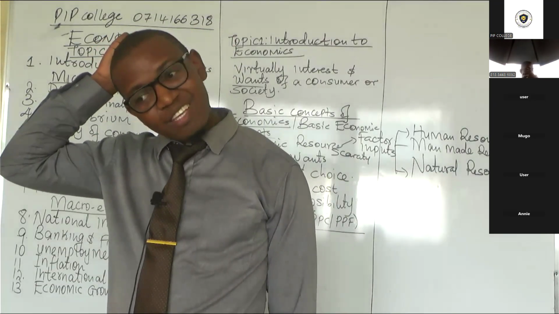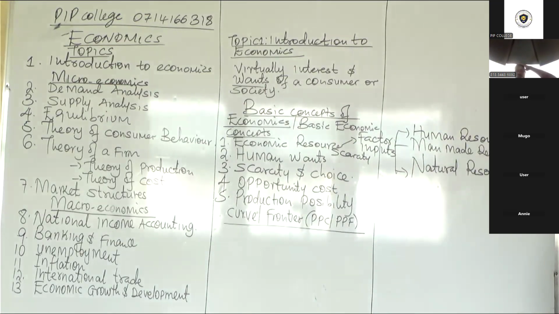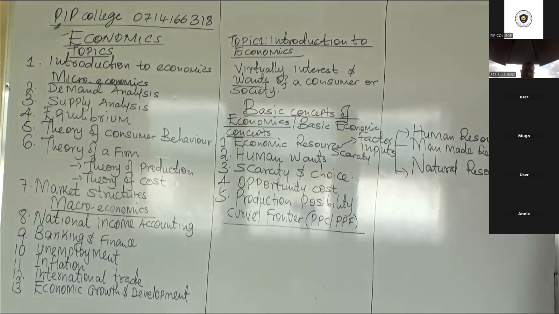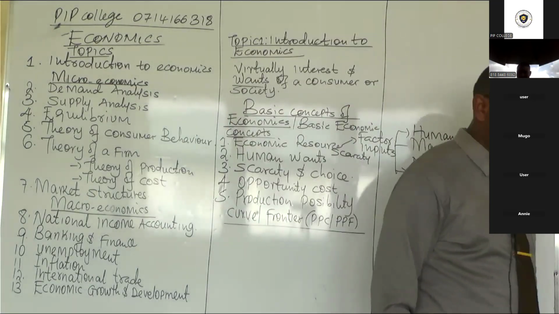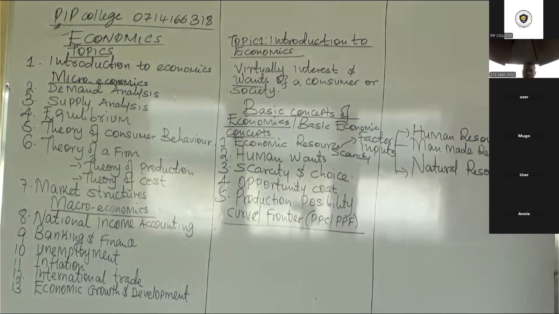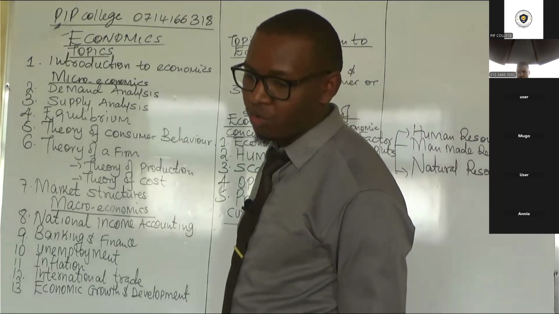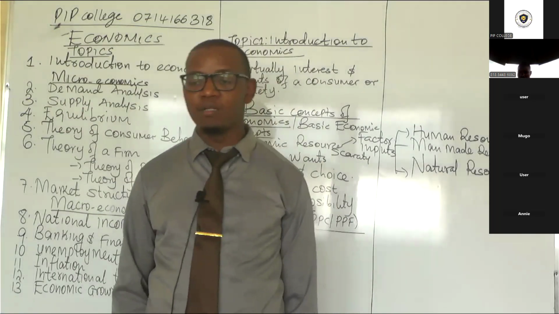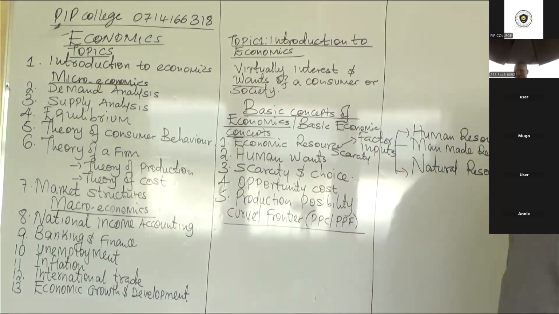So write and say, these are people's desire for things, goods, services, or circumstances that enhance their material well-being.